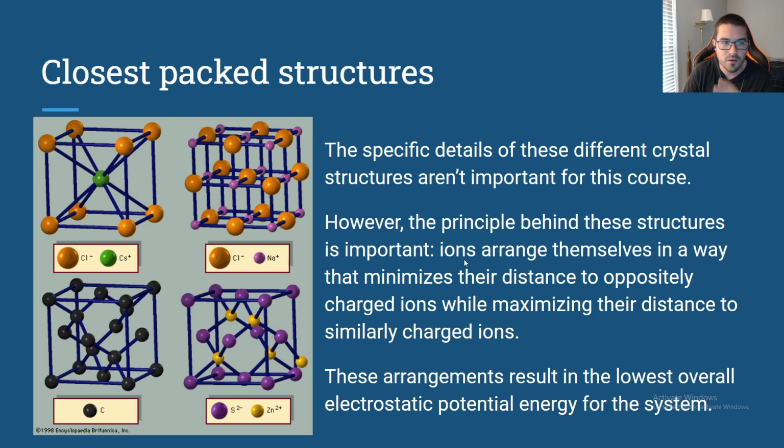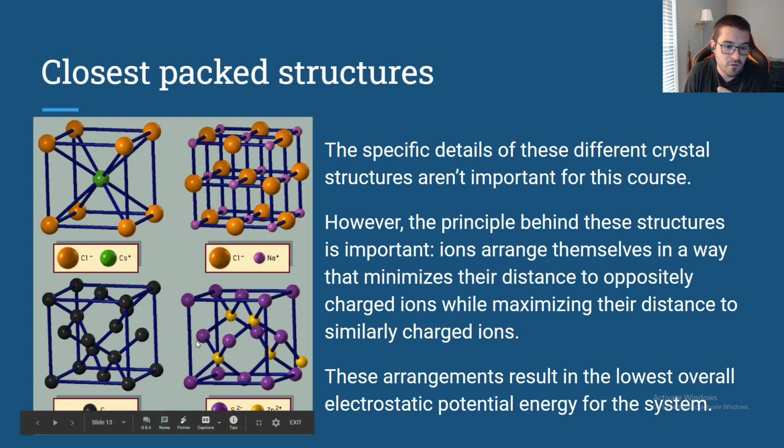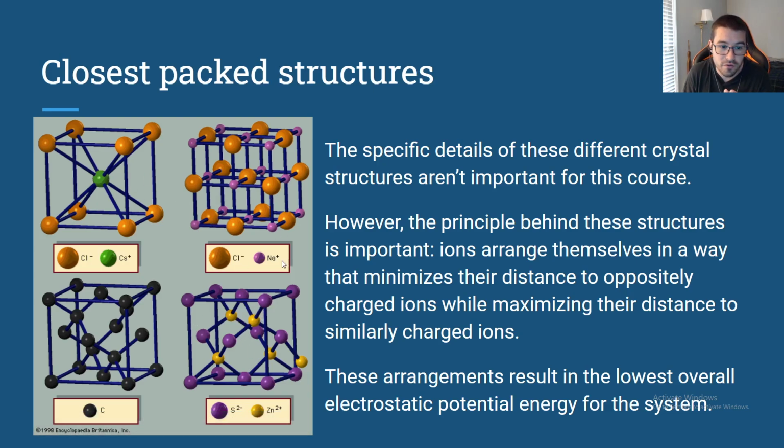They want to be in what are called closest packed structures, whether that be something like this, referred to as an octahedral structure, something like this, which is a simple cubic structure, or something like this, which is a tetrahedral structure. Once again, remember the details there aren't important, but they are all closest packed structures depending on the size of the ion, the ratio, things like that.